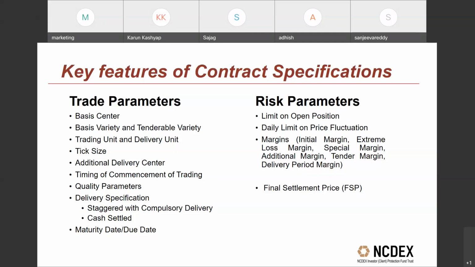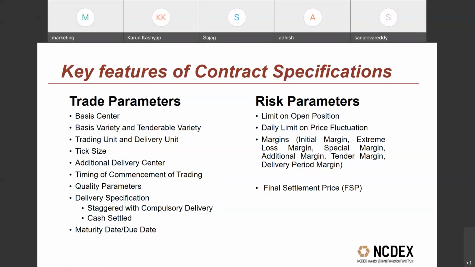Delivery specification means delivery logic: at the expiry of the contract, whether it will be converted into actual delivery or settled based on the spot market price. But in most cases it is a compulsory delivery contract, which means if you have a buy or sell position at expiry, you have to give or take delivery as per your futures position.